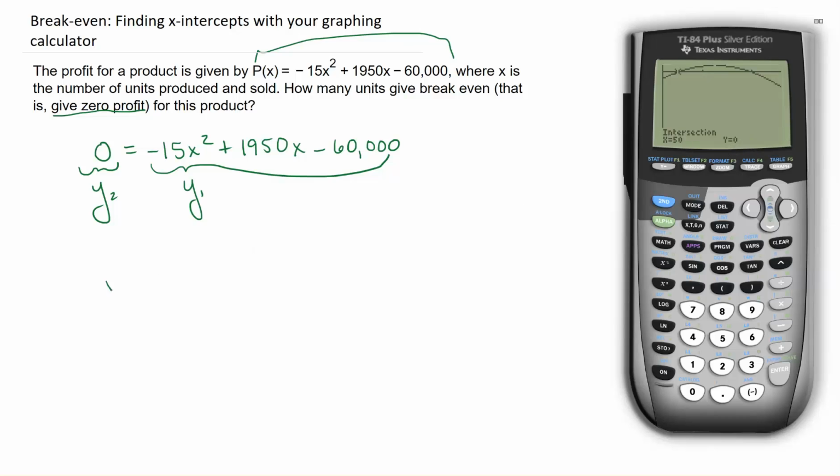So x equals 50 units gives 0 profit or break even.